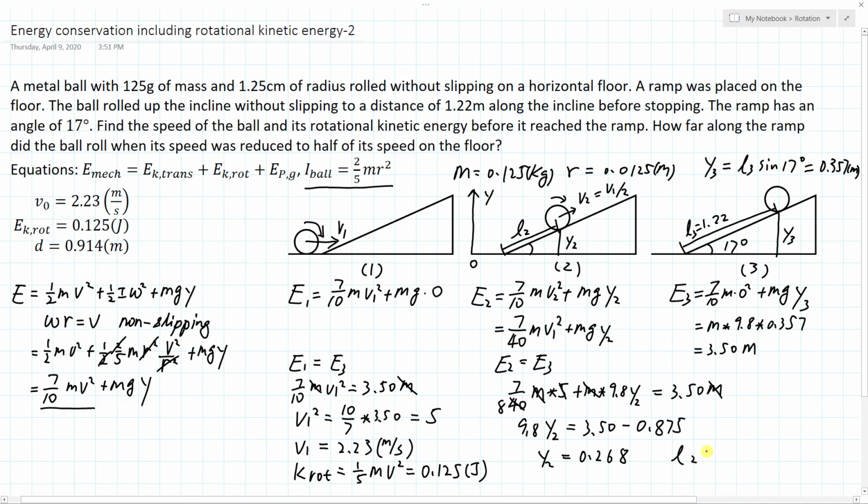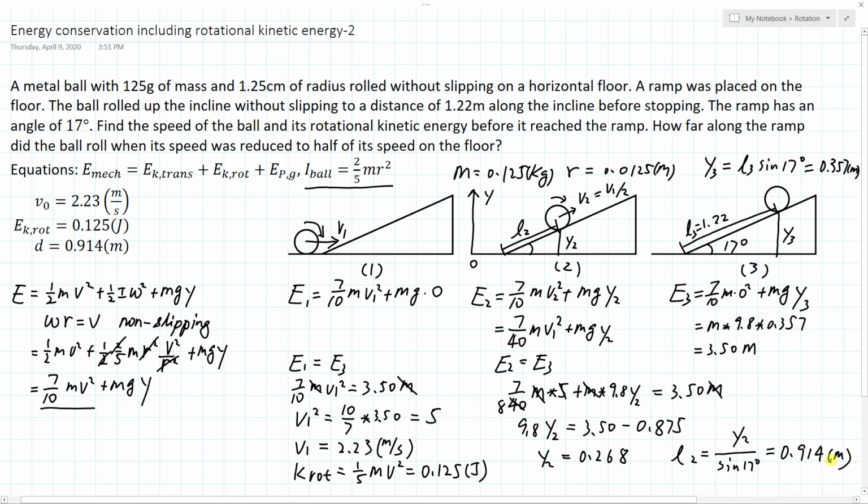So L2 is equal to y2 divided by sine 17 degrees. So pause the video again and find this value. Okay, we're back. So 0.914-ish meters. Okay, so that whole problem was solved.